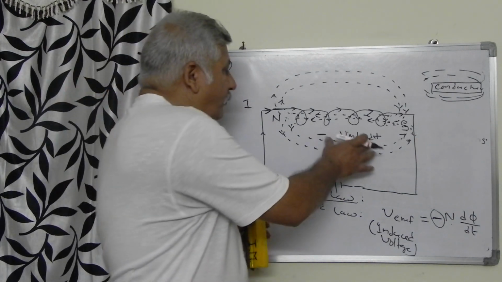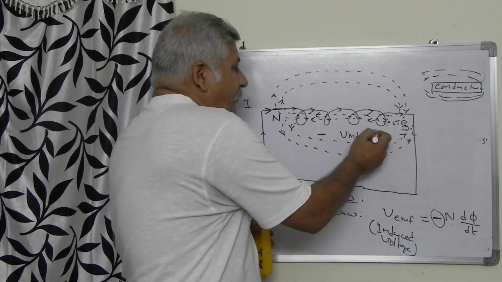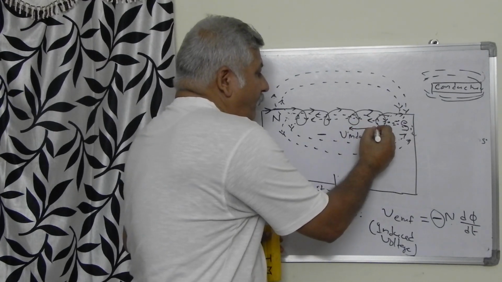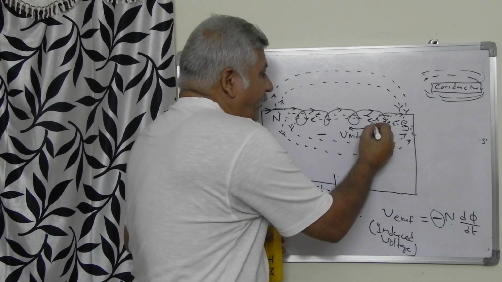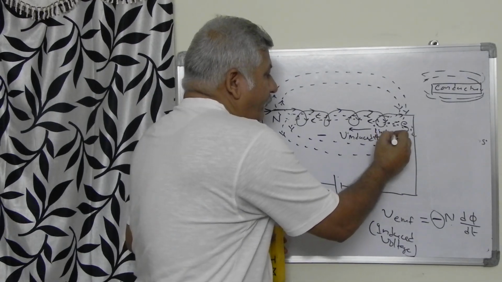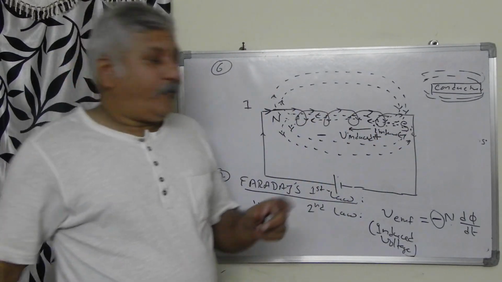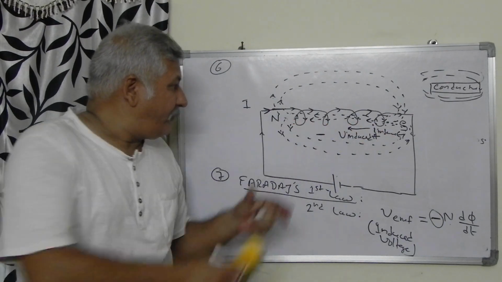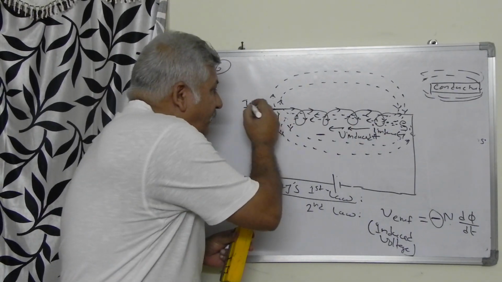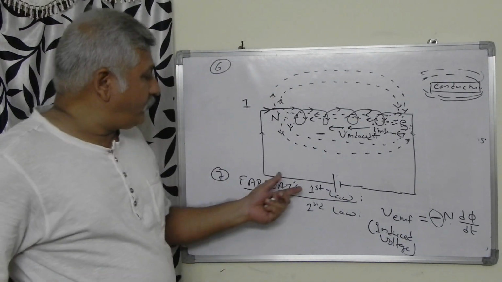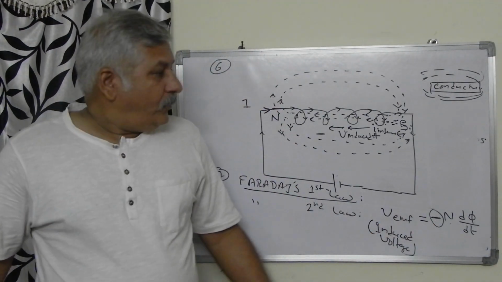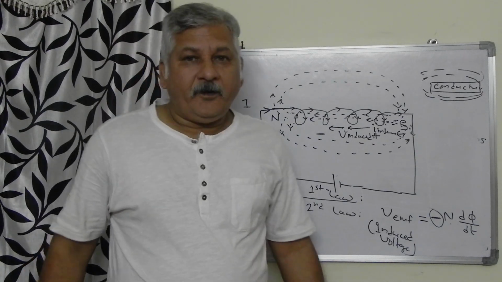So this induced voltage opposes this current. That's why in this coil, the current will flow in this way, I induced, right? It will flow in this direction, right? That's why it opposes this current. So this is about the Faraday's second law. So remaining thing we will cover in next lecture.